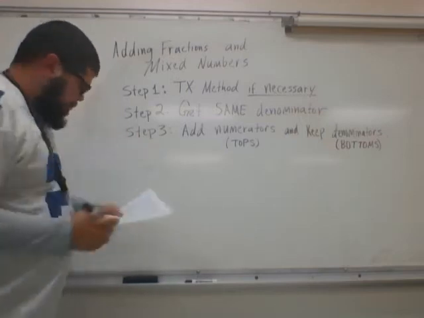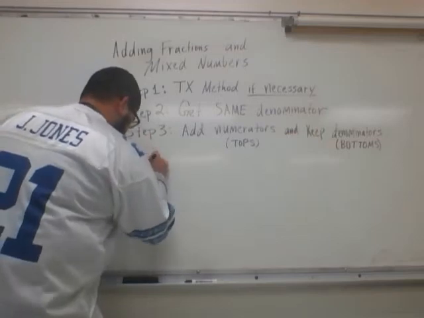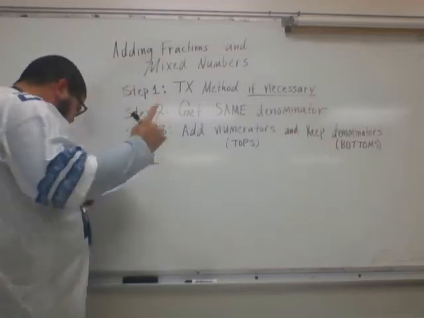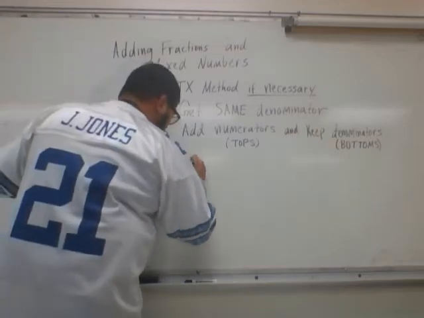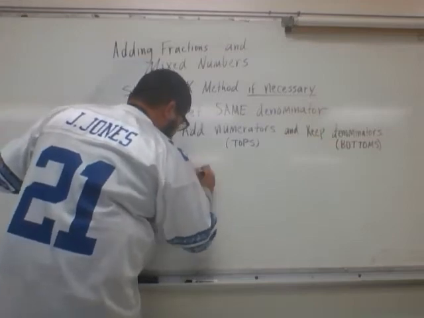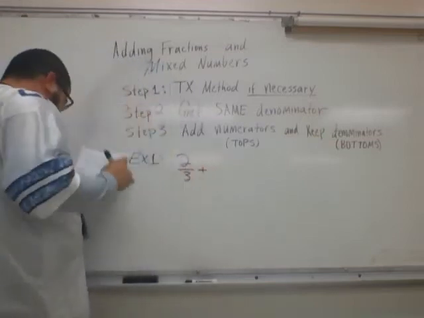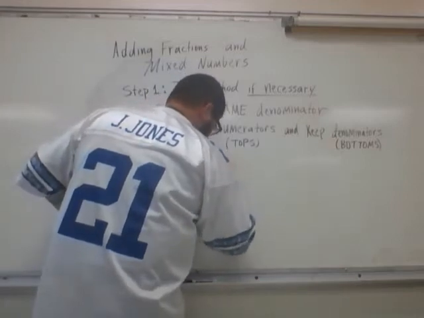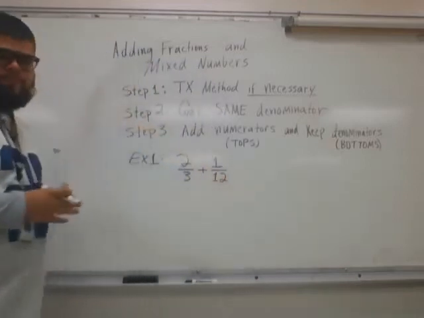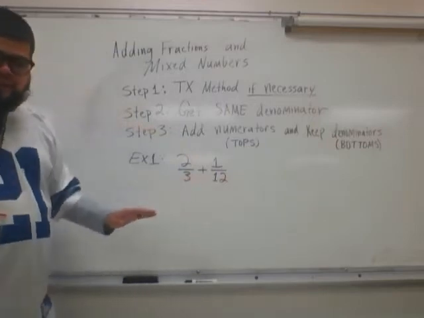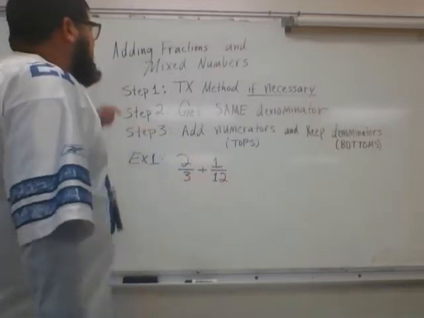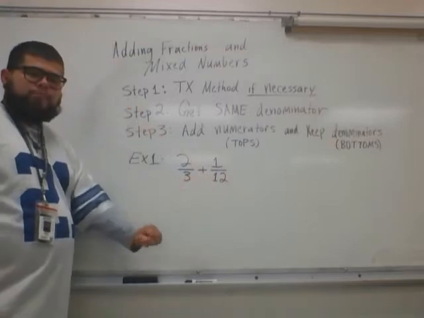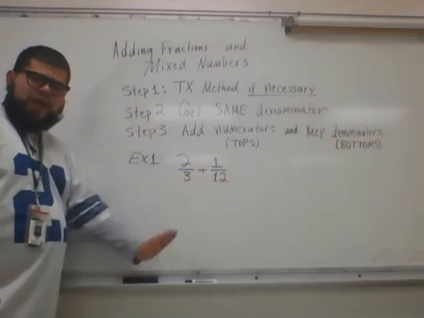So here we go. Example one. Example one is 2 over 3 plus 1 over 12. Okay? This is our first example of adding fractions and adding mixed numbers. Right now, we're just adding fractions. We don't have any mixed numbers.